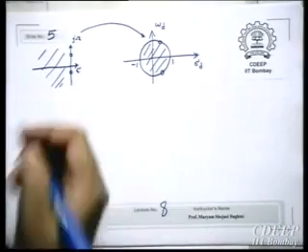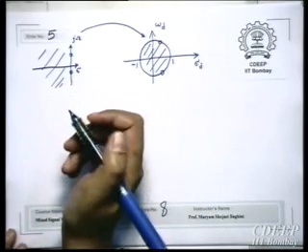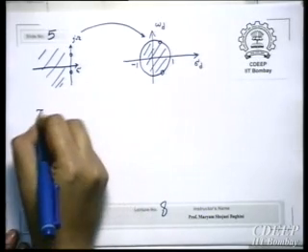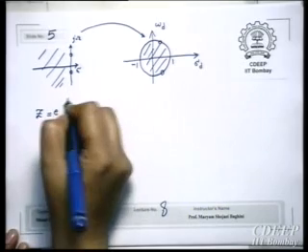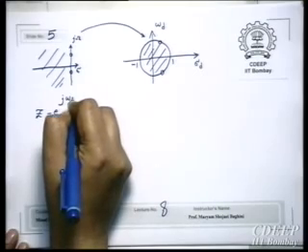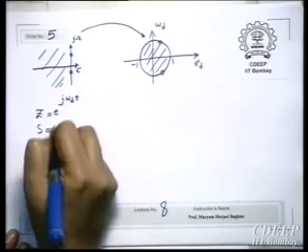So what is this transformation? Of course, it's not completely linear, but if you replace, z is equal to e to the power j omega D, and s is equal to j omega.